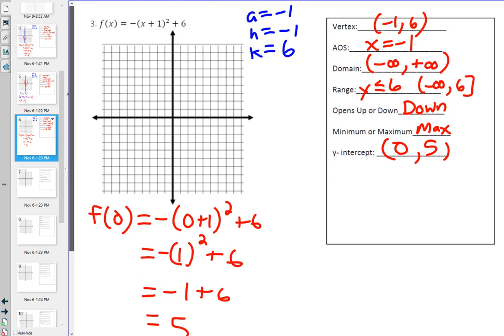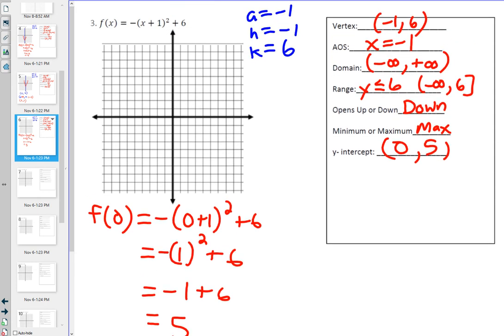I would then draw my vertex. Negative 1 comma 6 is 1, 2, 3 here. Then, I hate this. They're so close together. There's the y-intercept.